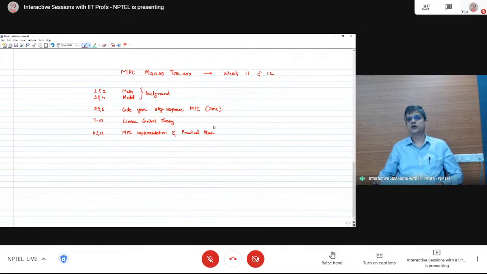Today, simplified MPC is spoken about in two more contexts. One is how to make the process of tuning the MPC parameters easy and how to get the model in a simplified way.